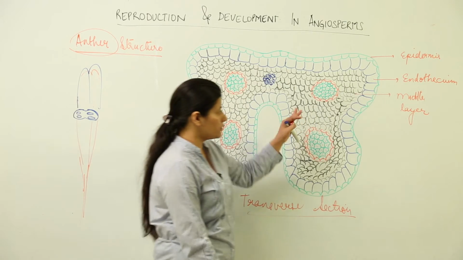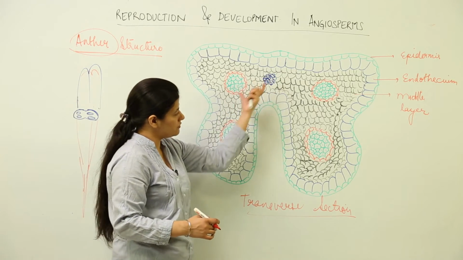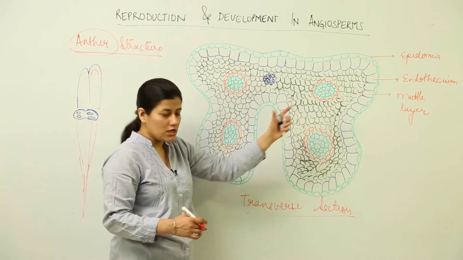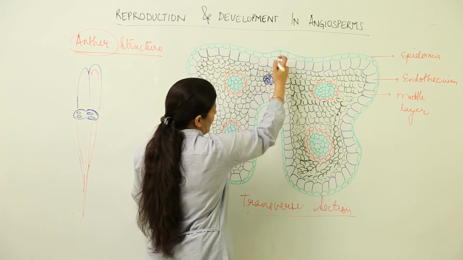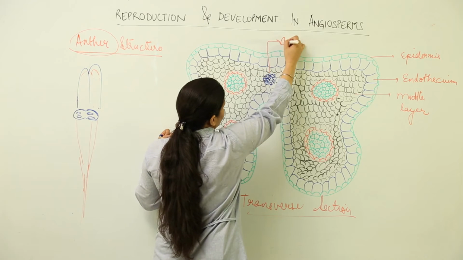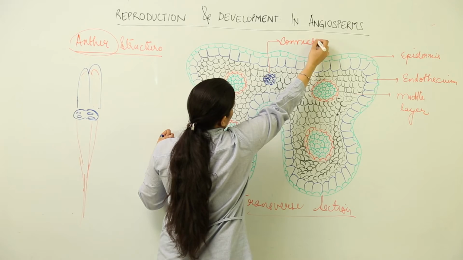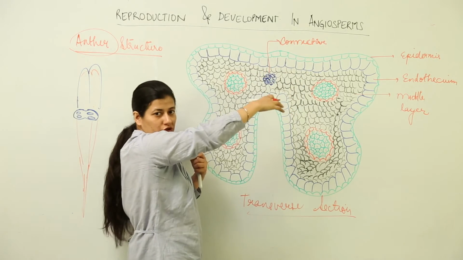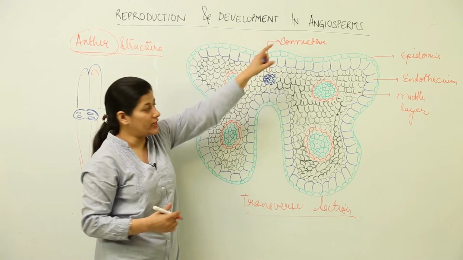And what you see over here is that there is a connection between 2 regions. This part is known as connective. This is the connective region which joins the 2 lobes of anther at the back.